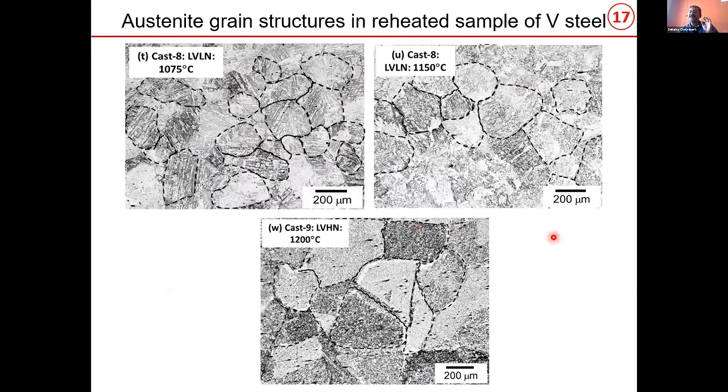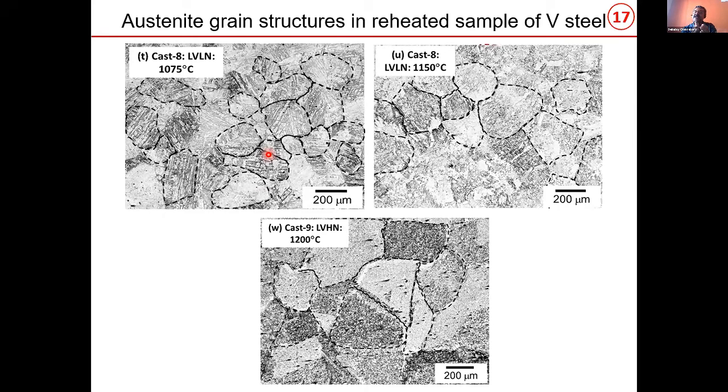But when we studied vanadium steel, vanadium with higher nitrogen or less nitrogen, sometimes with aluminum, we found that this kind of grain size variation is hardly noticed. The grains are coarser than in niobium containing steels, but irrespective of the reheating temperature, whether it's a low, intermediate or high soaking temperature, there is no significant grain size variation.